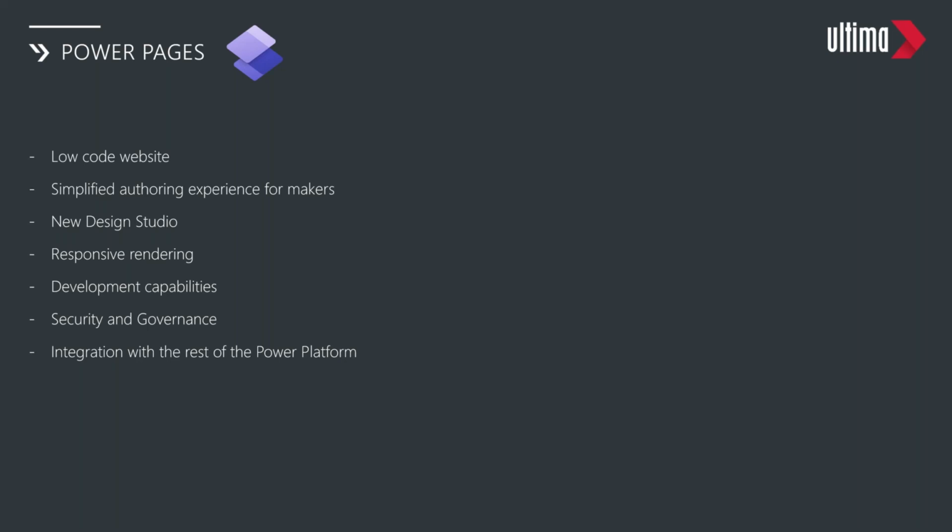It has responsive rendering capabilities. So for example, you can create sections, and within that section you can use pixels for the width and height, but you can also say it's flexible, it's responsive, so you can use percentages, all these kind of things which people who create websites are familiar with. You will have that in this Power Pages product as well.